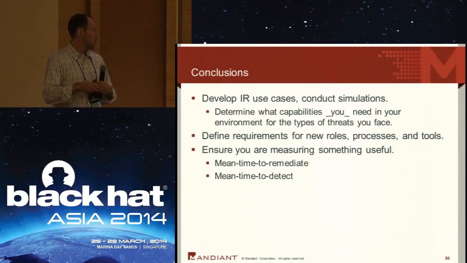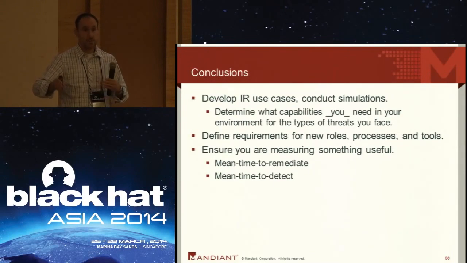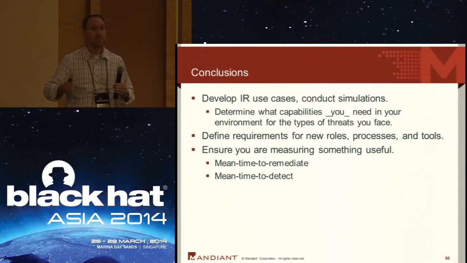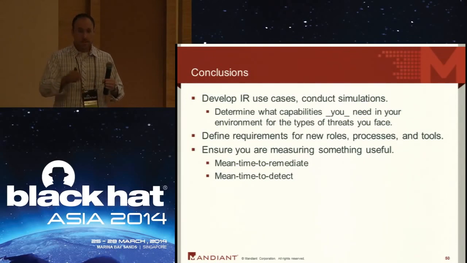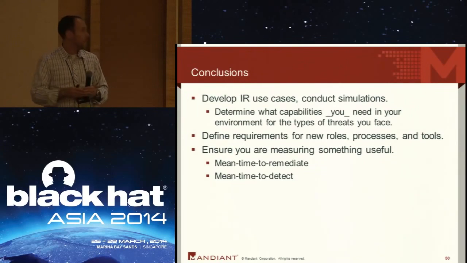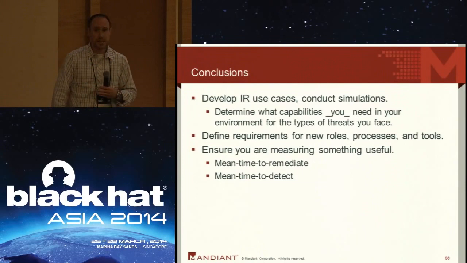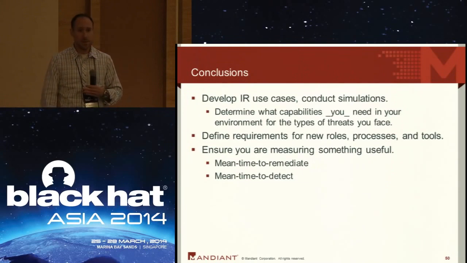Like if you're measuring how long it takes from the time that we detect something is fishy to when it is actually contained on the network, that's helpful, and you can use that type of metric to show how you're improving, or also show the benefit of, if we had XYZ capability, we could have maybe done this faster, then the attacker would have only compromised 5 systems instead of 10, and maybe wouldn't have stolen this data. And then also mean time to detect. So how long was the attacker in your environment?